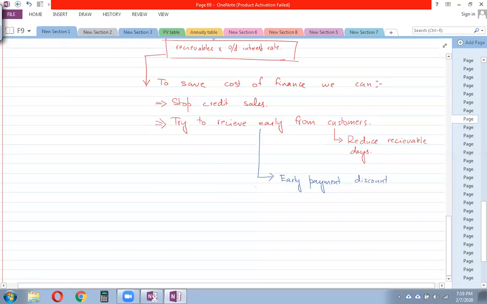What else can you do? You can take the facility of factoring. Factoring can actually reduce your receivable days as well. I mean, they can actually force their customers to pay at least on time if they cannot pay early. What else can we do?